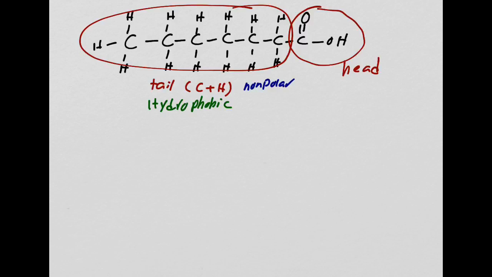Now, the head is going to be polar. Why is it polar? Every time you have oxygen and nitrogen, because they have lone pairs, they make something polar. Every time you see carbon and hydrogen, that's non-polar, and every time you see oxygen and nitrogen, that makes it polar.